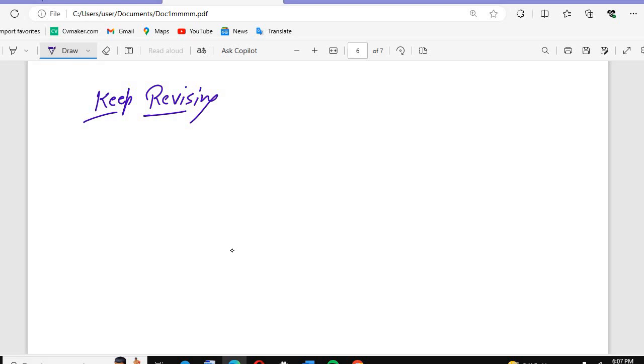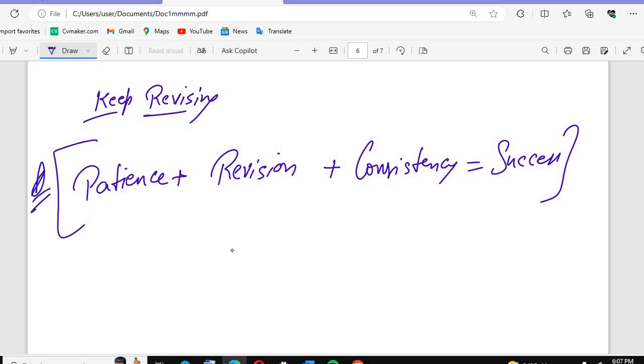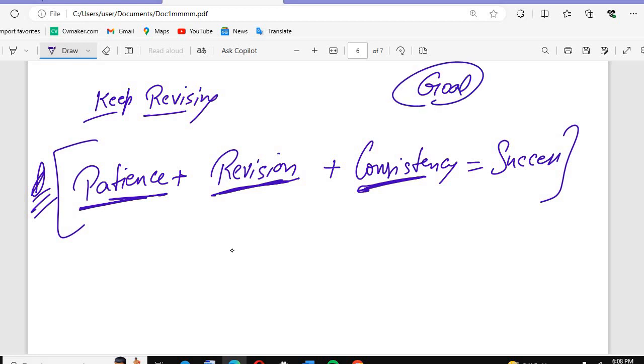Just be focused and patient: revision and consistency equals success. Make sure you are perfect on all these things. You should have patience, keep doing revisions and be consistent until you achieve your goal. The goal should be your first priority. Other things are unnecessary; only your goal is necessary at this point.